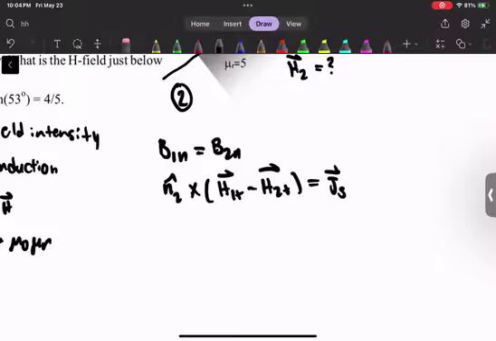We know that free charges stay on the surface of a conductor. We can also use this to determine the free current on the surface, or on the boundary. So we're going to use these two equations to find our normal and two tangential components.